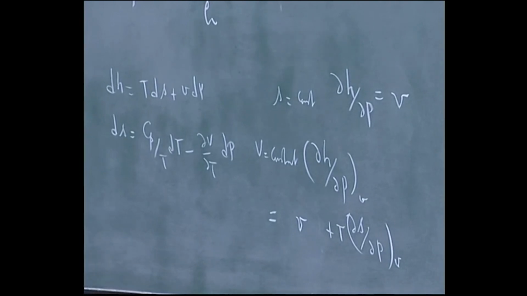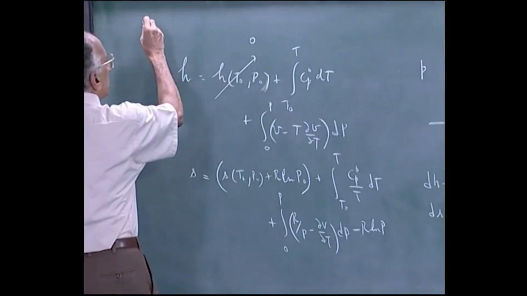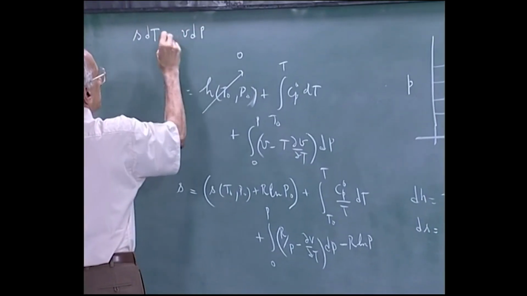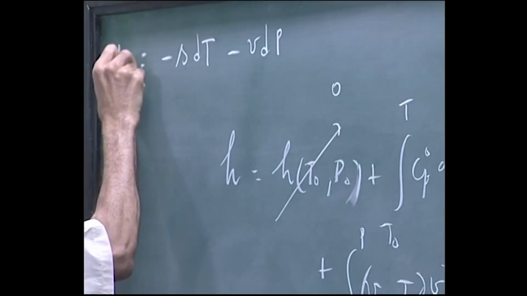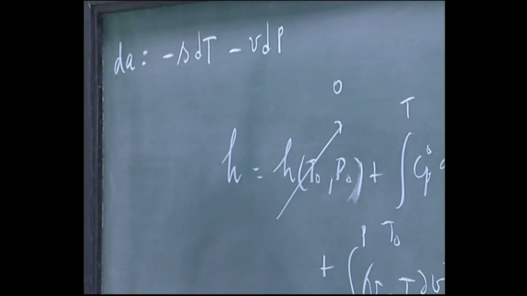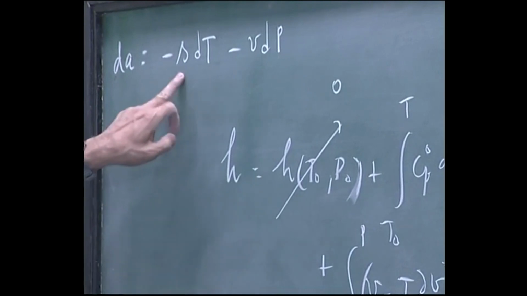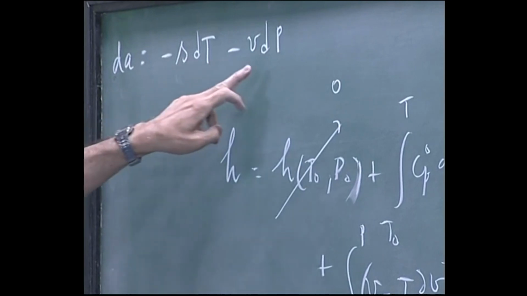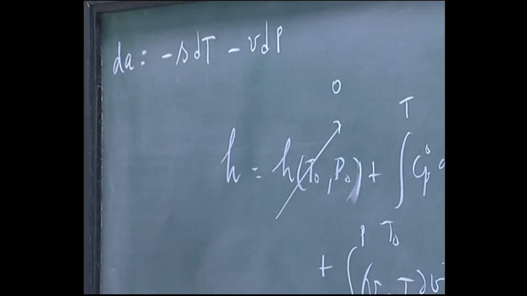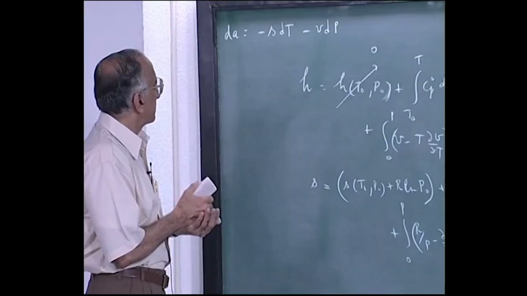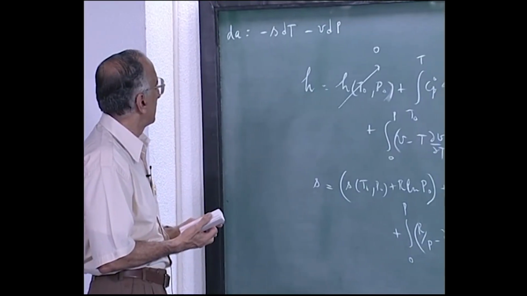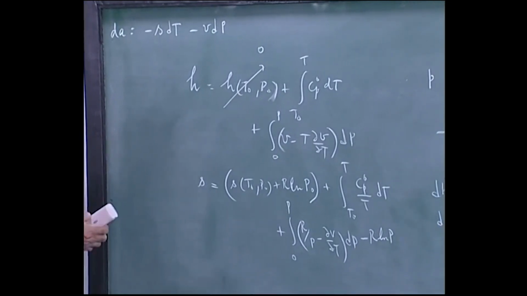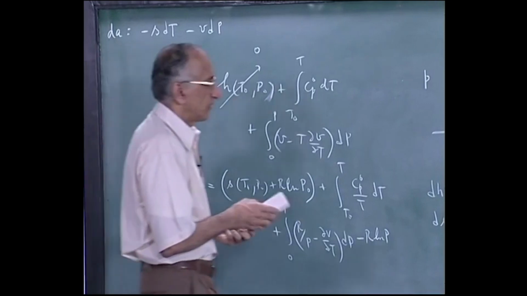and to get dS with respect to P you have to write S dT and V dP. So S with respect to P would be the second partial of A with respect to T and P, and that is equal to the second partial of A with respect to T and P. So you should get V with respect to T here.